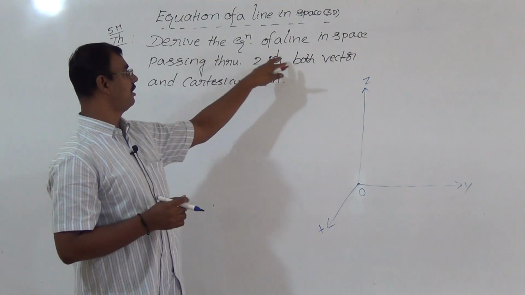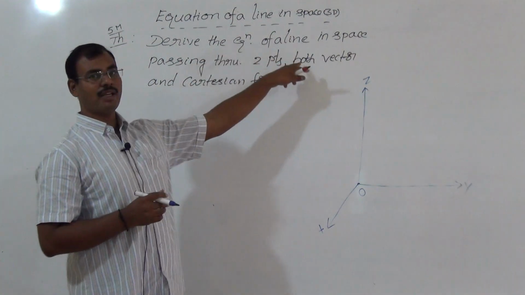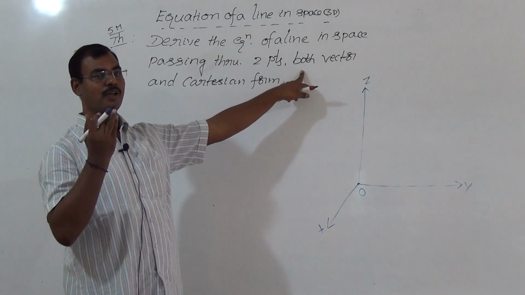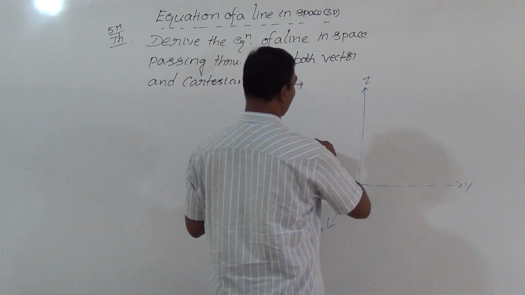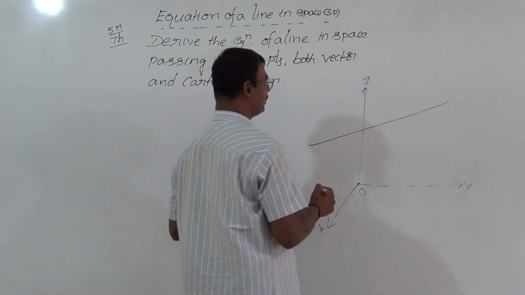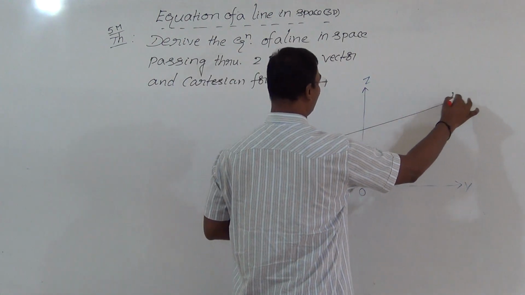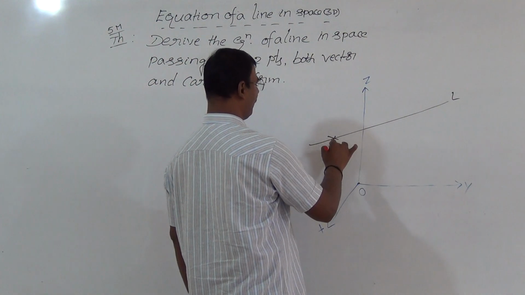Next, what has been given? To find the equation of a line, how many points are given? 2 points. So let us take 2 points. This is the line L, which is passing through 2 points.